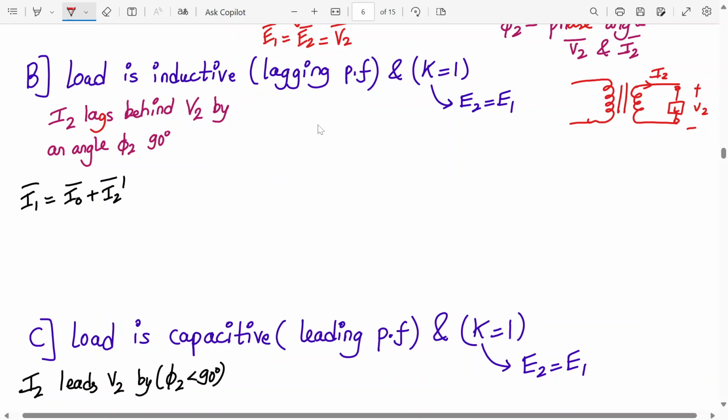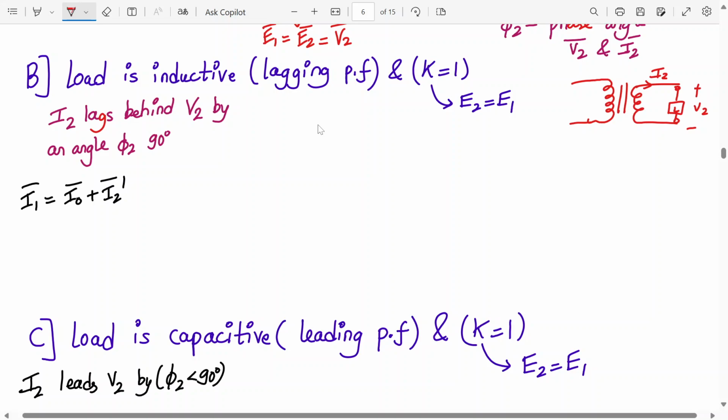So the load is connected at the output. If the load is inductive, can I say current lags behind the voltage by 90 degrees? Yes or no? So I2 is lagging. In an inductor, current lags behind the voltage by 90 degrees. Agree on this? And I1 is I0 plus I2 dash.